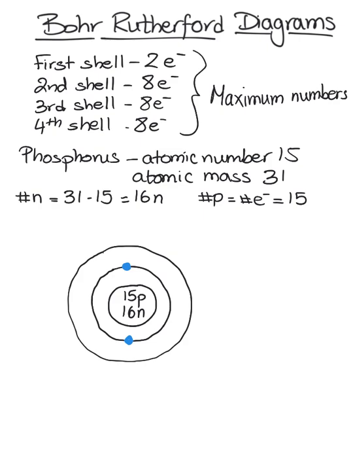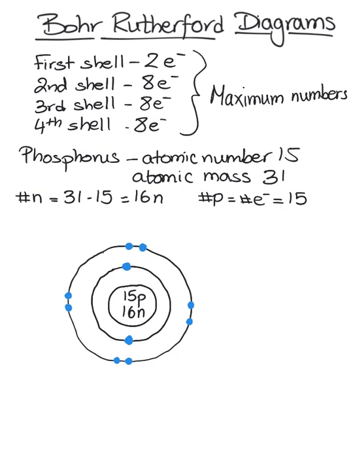So the first thing that we're going to do is we're going to start at the top, and I'm going to count 1, 2, 3, 4, and now I'm going to start pairing. 5, 6, 7, 8.